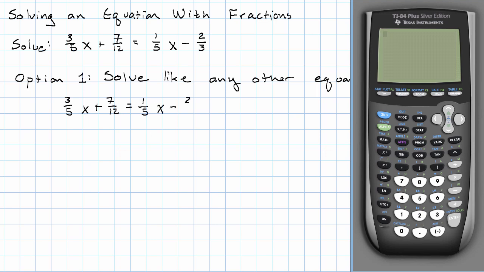x minus 2/3. First, I want to get rid of this 1/5 x, and I'm going to do that by adding negative 1/5 x on both sides. These fractions have the same denominator, so I don't need the calculator yet. 3/5 minus 1/5 is 2/5.